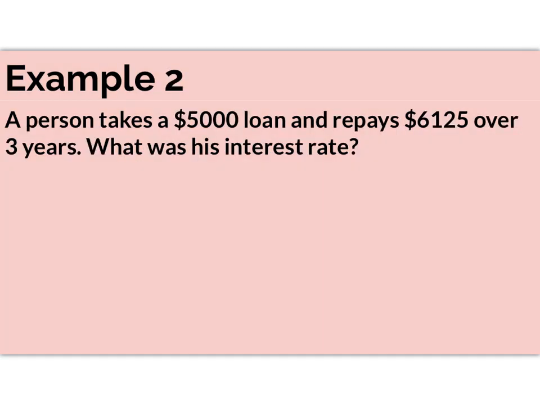Okay, so look at example 2. A person takes a $5,000 loan and repays $6,125 over 3 years. So what was his interest rate? Since it does not say compounded, and you don't see a compounding factor, we're going to assume that this is simple interest.